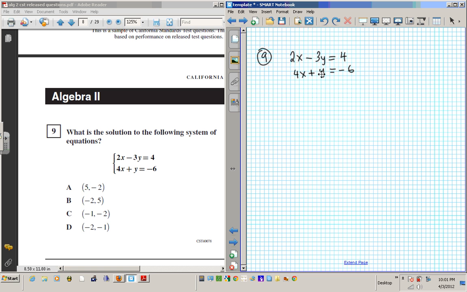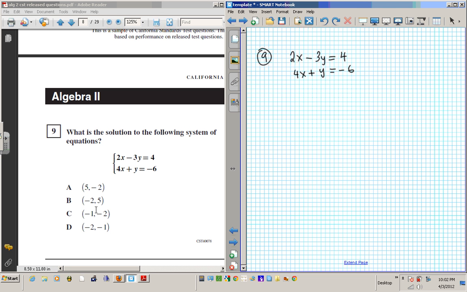I can eliminate... if you look here, the x's, wait a minute. These two are similar, right? I was thinking of a way to make it really easy to do. So let's see. I'm going to eliminate the y's first, because that looks pretty nice.